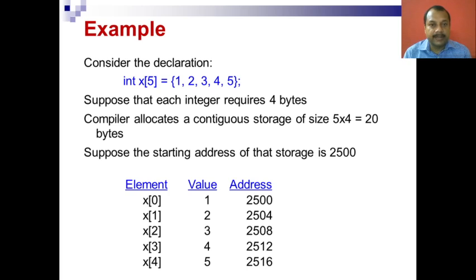Now suppose that each integer requires 4 bytes. The compiler allocates a contiguous storage of size 5 times 4, that is 20 bytes.